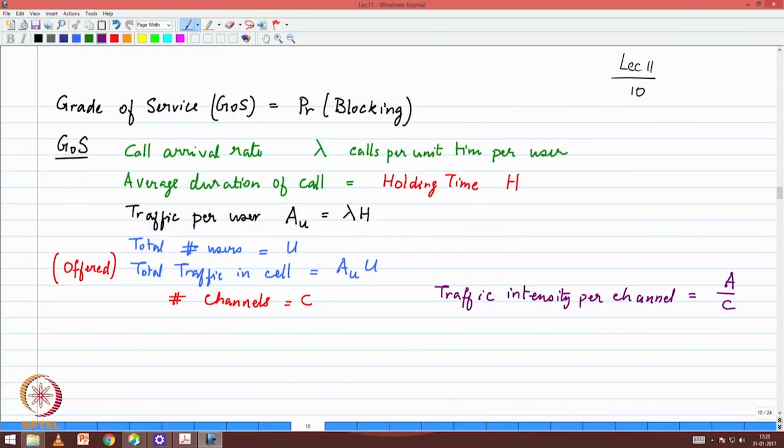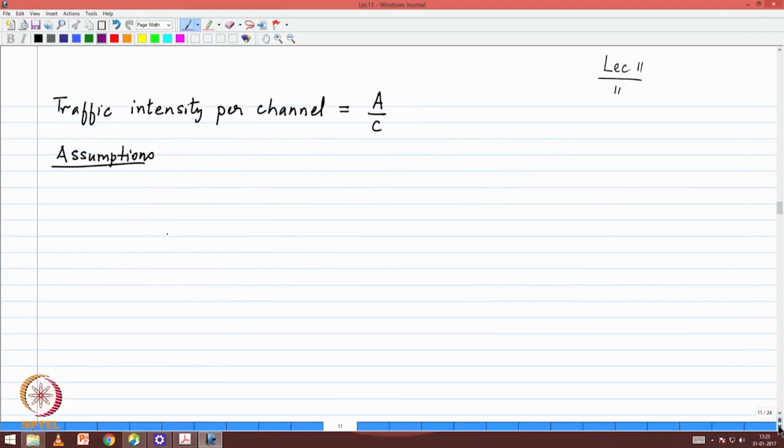So now, given this framework, we would now jump ahead and give you the result that Erlang had derived, and here are the basic assumptions.